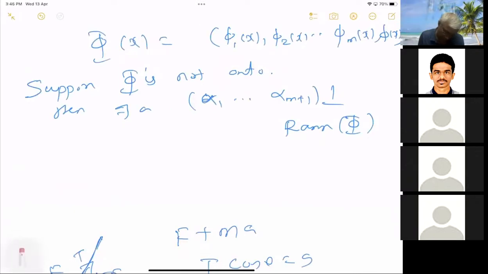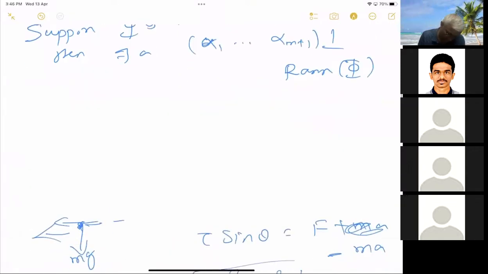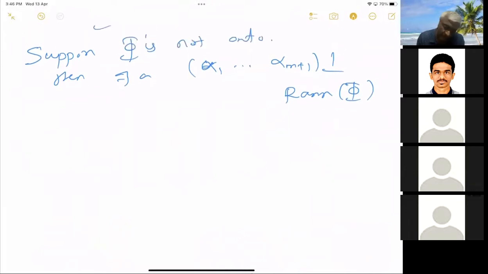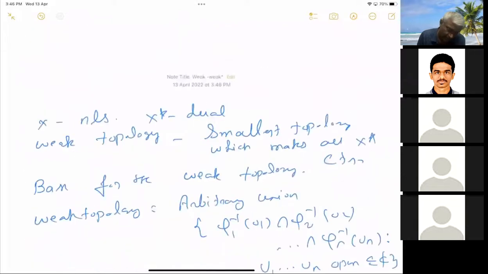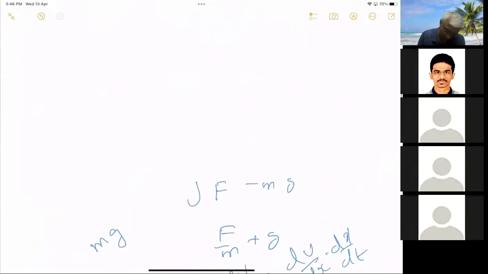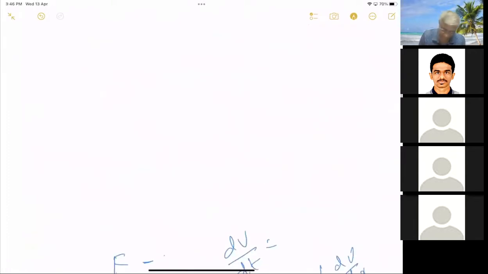Or you can take what's happening here. Where am I writing this? Name of the file. It's a new file. I don't know. Good.